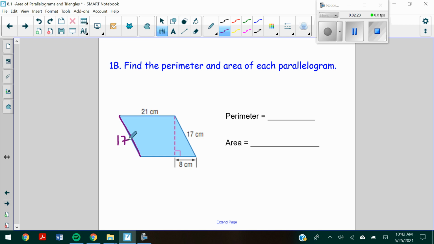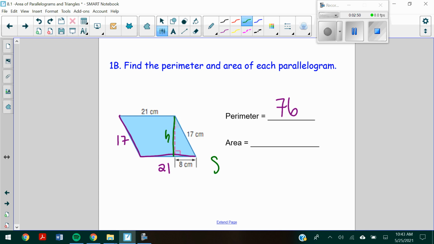This is another 17, and this is 21 here. So go ahead and take your 21 plus 17 plus 17 plus 21, or times this by 2. We get 76 for our perimeter. Now notice we are missing our height here. But we have our right triangle with a base and hypotenuse.